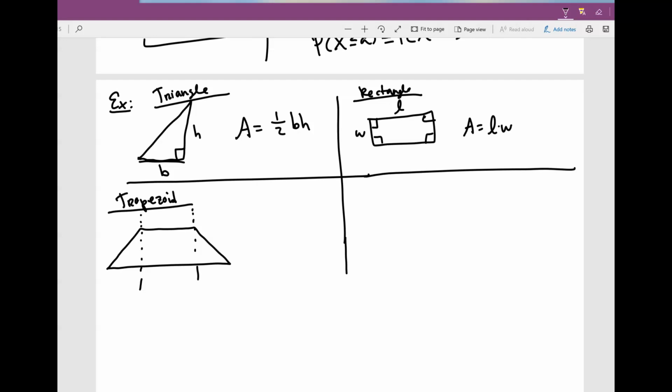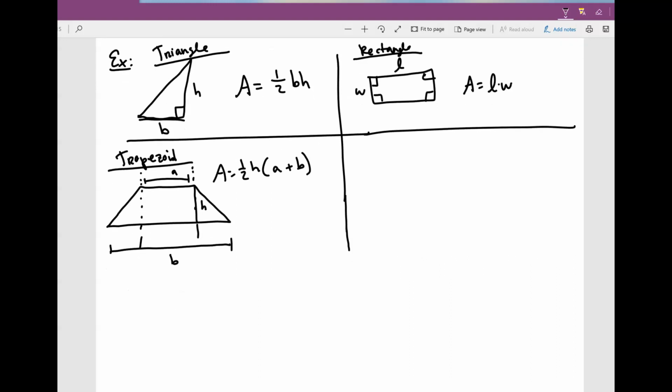But there is a formula: 1/2 times the height, times a plus b. This height right here is your h, from here to here is going to be your a, and from here to here is going to be your b. So you can find the area of this trapezoid using this formula. You don't need to use it if you don't want to, because you can always break it up into two triangles and a rectangle, and it'll still give you the same answer. So let's just do an example.